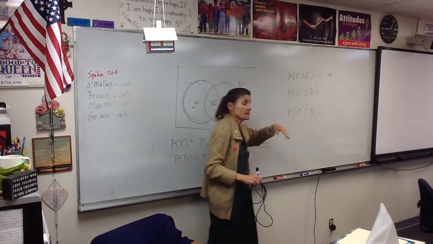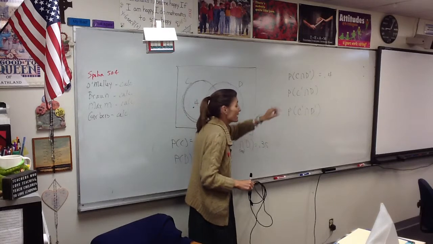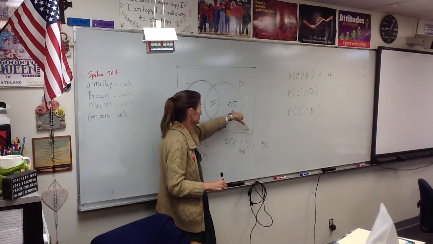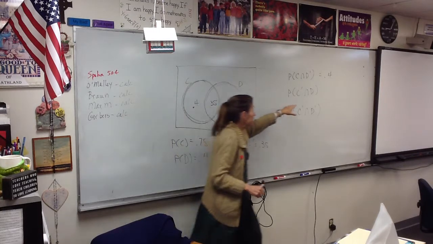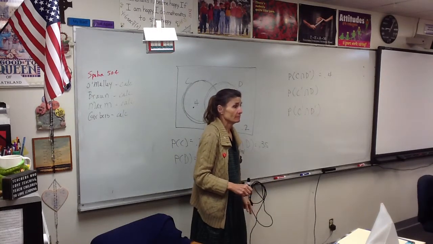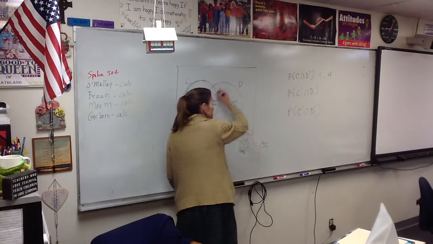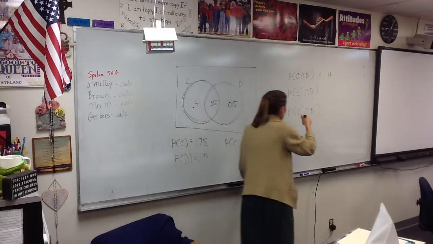What's the probability of not being in C, but being in D? You want to be in the D circle, but not in the C circle. So that's only these guys, 0.05.